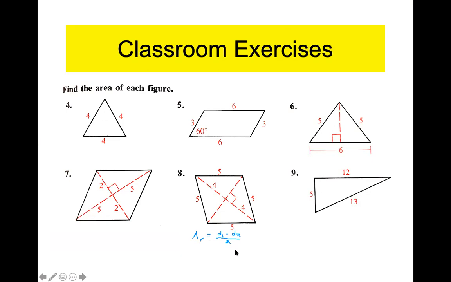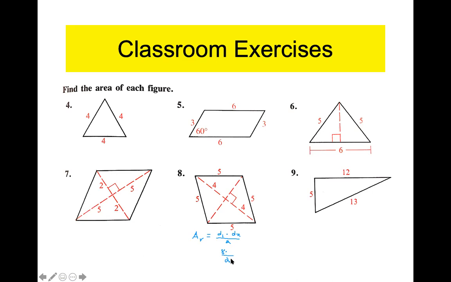It turns out that if we know one of them, we can find the other one. Yes. All right, well, let's do that. So the first diagonal is 8, but the second one would have to be something else. All right, so we got 8 times something unknown over 2.